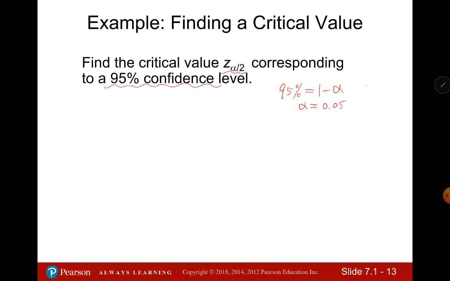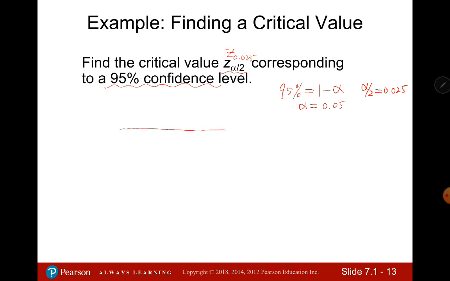Of course, if we know the alpha value, we can get the half alpha value, which is 0.025. So z sub half alpha will be z sub 0.025.